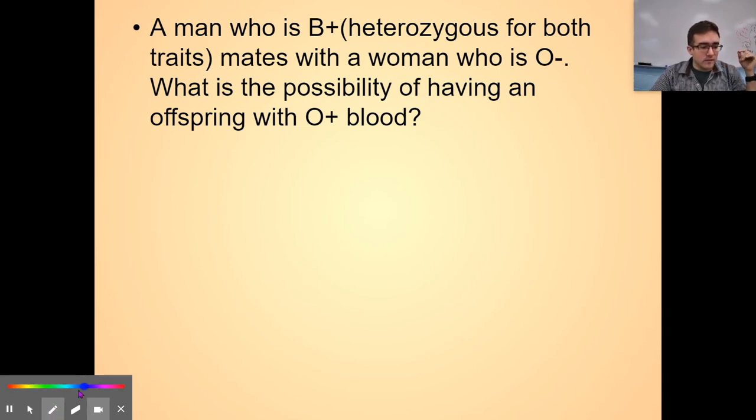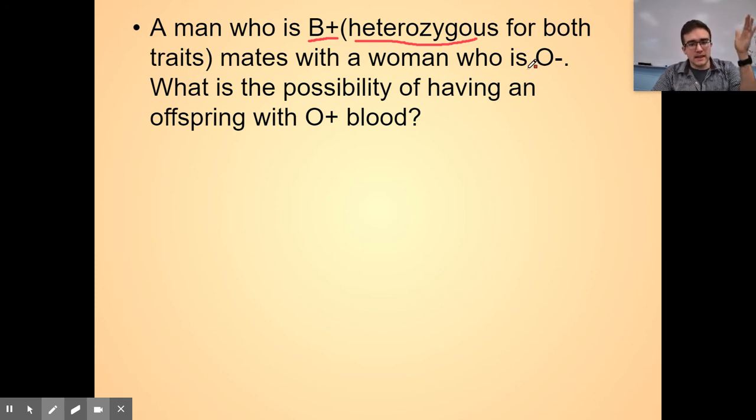Remember, first step is always figuring out the genotypes of your parents. So the male, he's B positive, and it says he's heterozygous for both traits. So for both the blood type B and the Rh surface protein, the positive, he's heterozygous for both.